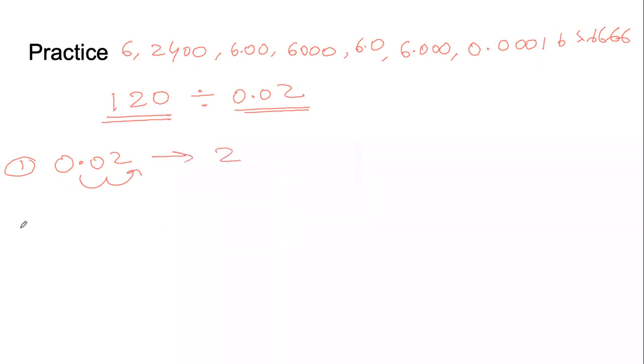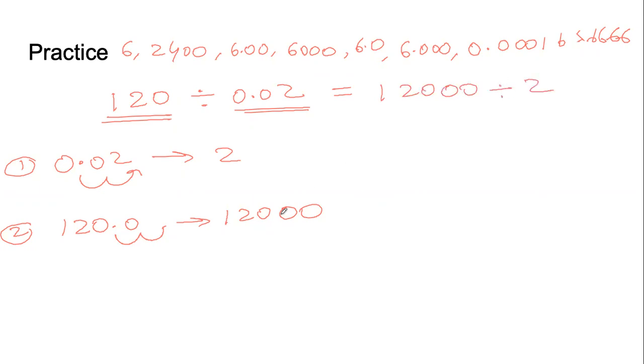And because of this change, in step number 2, we have to change the dividend also. Currently it is 120, which is 120.0. If we move the decimal point 2 places to the right, this becomes 12000. So this entire division is now converting into 12000 divided by 2.